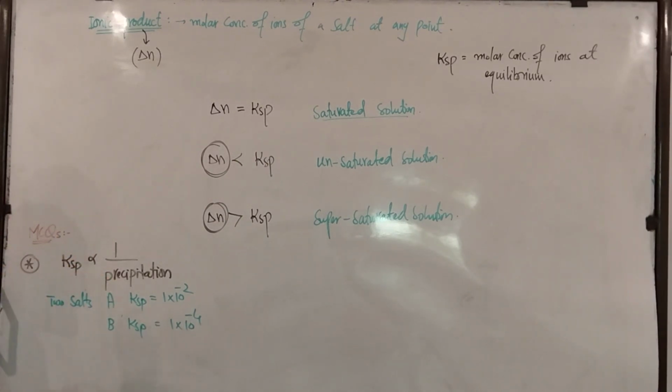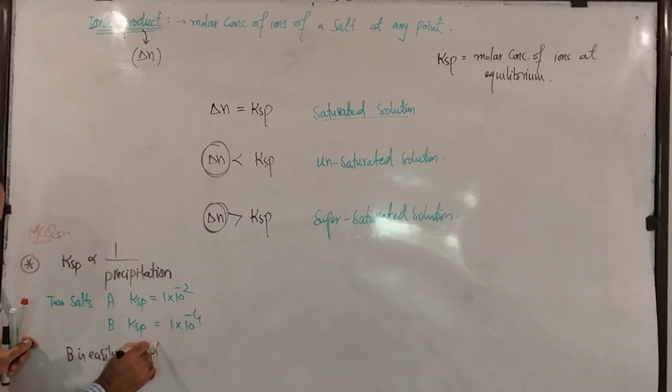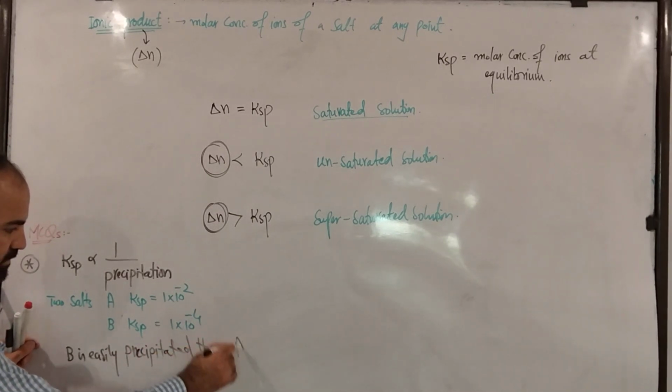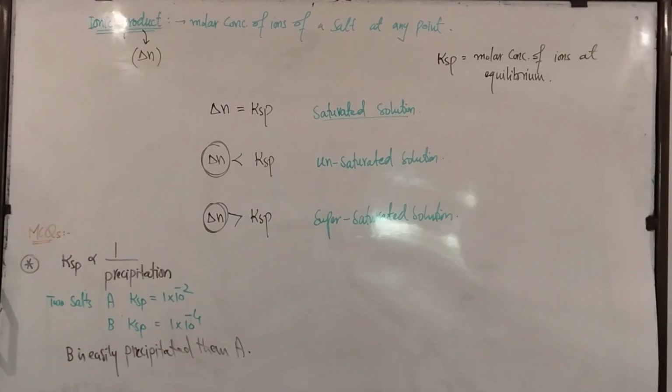The salt which has a less KSP value will be easily precipitated. So I can write that B is more easily precipitated than A. This is one idea. You must take this concept.